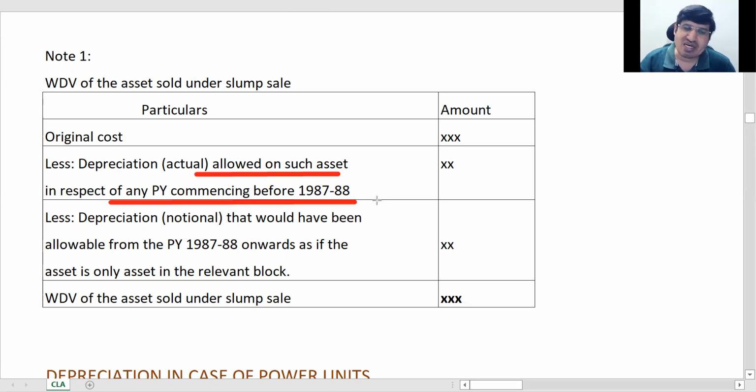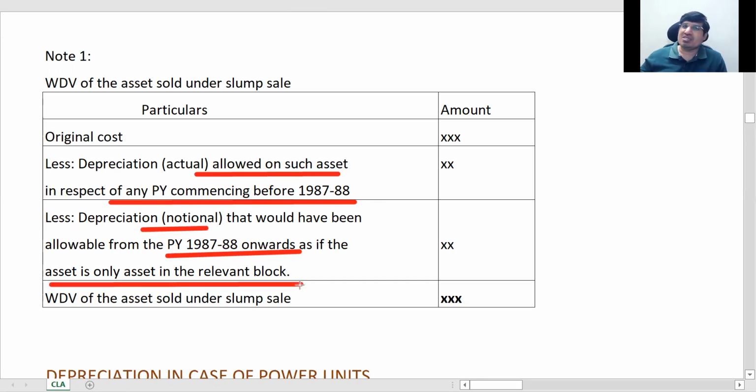So that's why they are saying before 87-88 uska to individual depreciation you will know, because asset to individual maintain hota tha, right? Assets is to maintain individually. So before 87-88 you will get individual, but now from 87-88 onwards, okay, find depreciation notional as if the asset was the only asset in the relevant block. ना वो asset का separately depreciation निकाल रहे हैं। So you will take depreciation before 87-88, take it, then take from 87-88 onwards. ये दोनों को will add it, that's all.